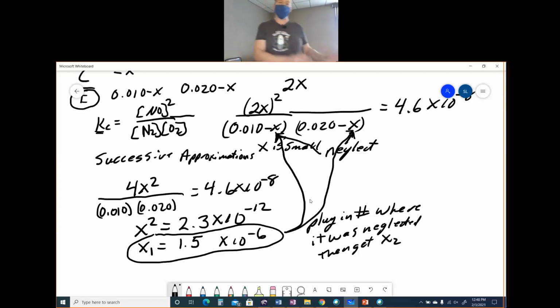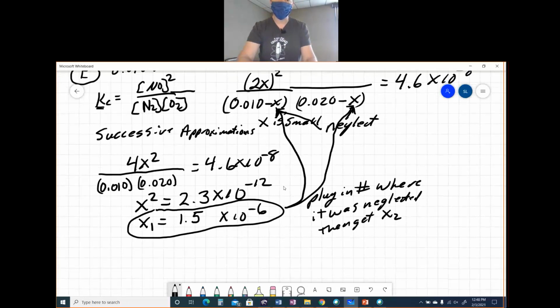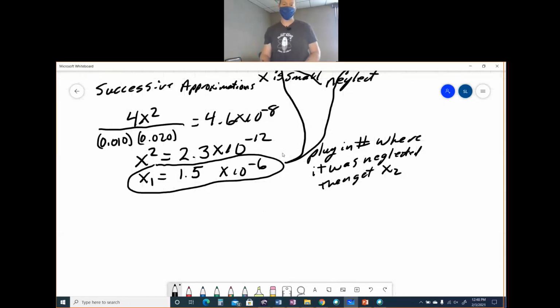So you plug in your x1 number and see if you get an x2. If x2 is exactly the same as x1, then you're done and that's your answer. If it is not, then you have to do that same process again until you get the same answer twice.